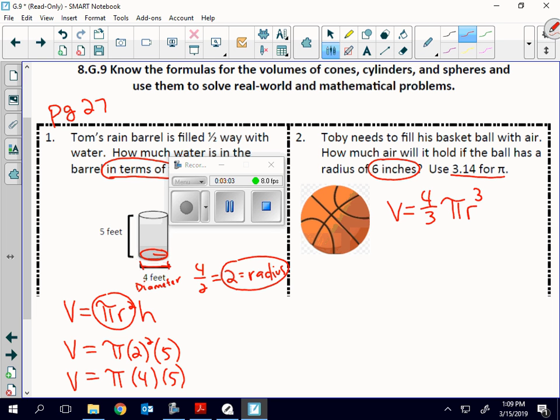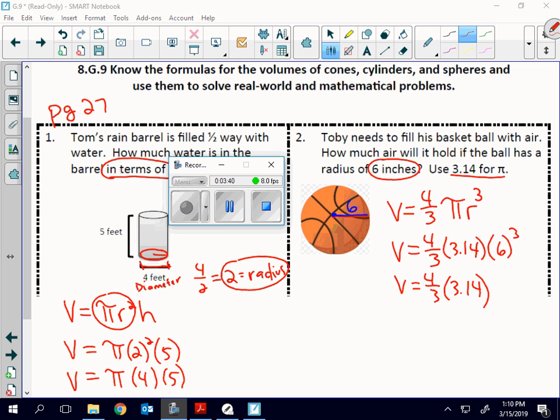This is the radius. I'll do that in a different color so you can see it better. The radius is 6, and that's all you need. We're going to use 3.14 for pi. So 4/3 times 3.14 times 6 to the 3rd power, which is 6 times 6 times 6, which is 216.